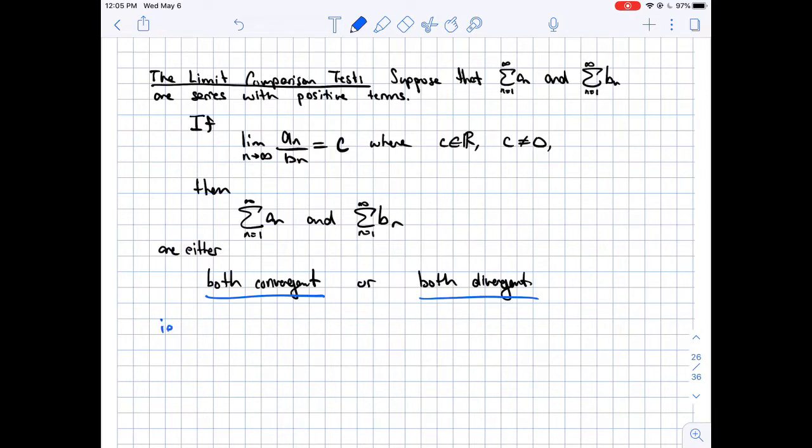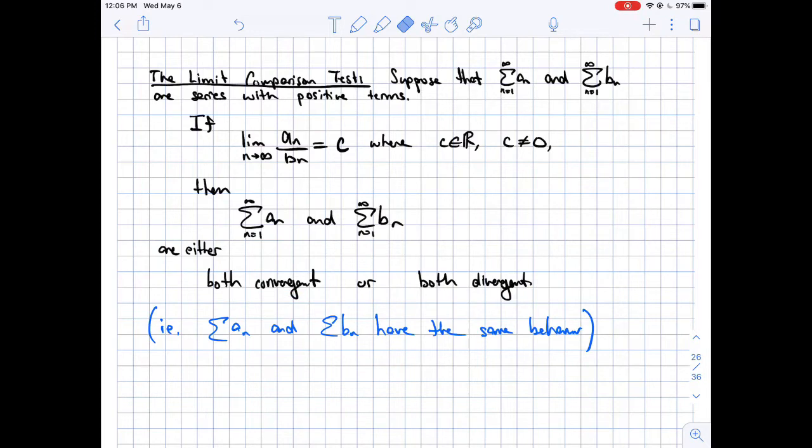In other words, An and Bn will have the same behavior. So they are either both convergent or both divergent. Now, that should remind you of something, and it should make sense when you think about it. So let's look at what's happening when we do this limit.